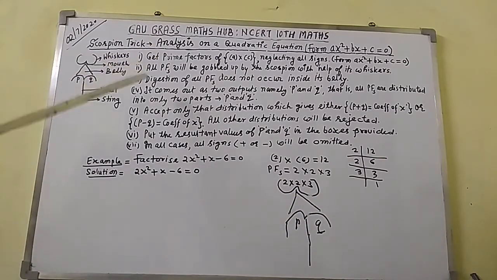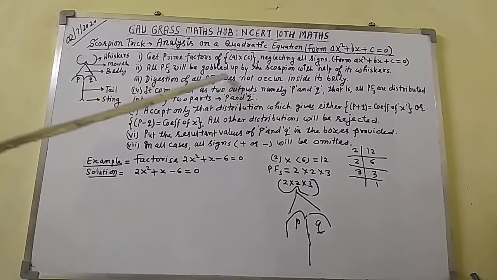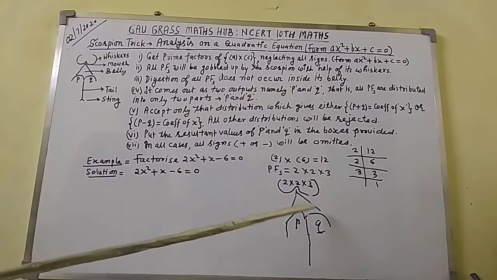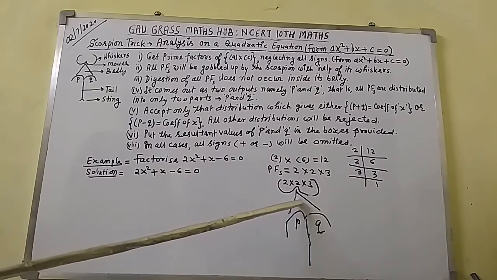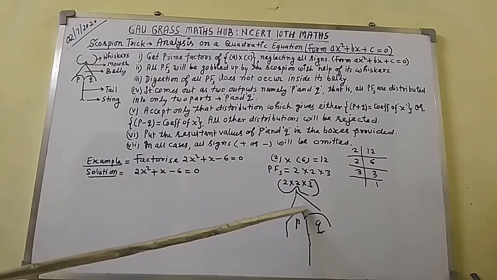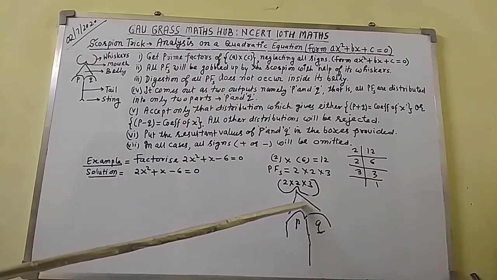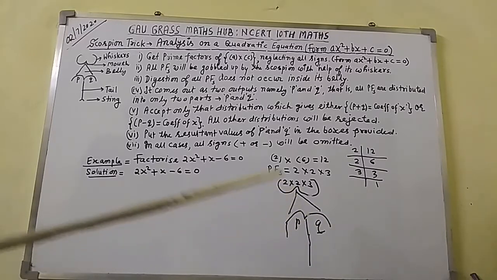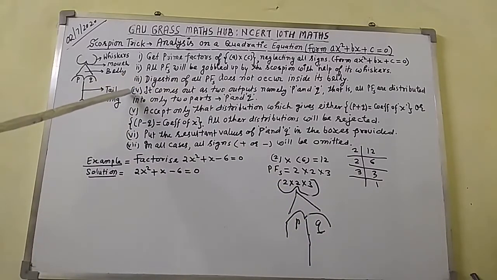Now come to point number 3. It says digestion of all PFs does not occur inside the belly. This is the belly of the scorpion. All PFs have gone into its belly. There all PFs have not been digested. Now come to point number 4.